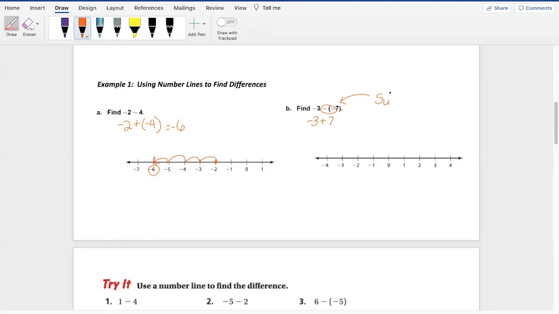So when you subtract a negative, it actually becomes a positive or an addition. So here we go, negative 3. And I'm adding 7, so I'm going to move to the right. 6 and 7, and I end up at 4. All right, and again, there is one where the signs were different, so I have to find the difference. Difference between those is 4, and I use the sign with the larger absolute value.